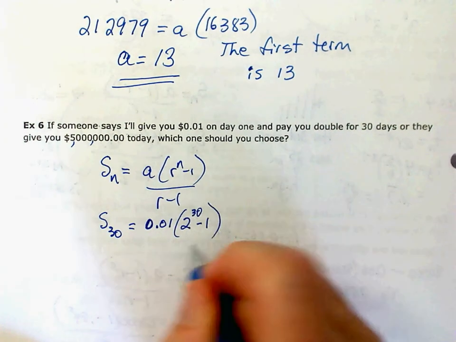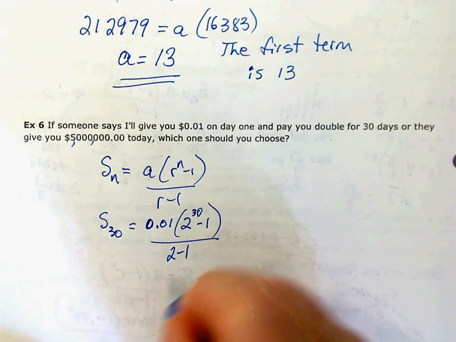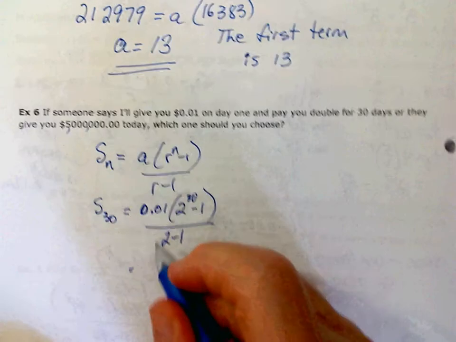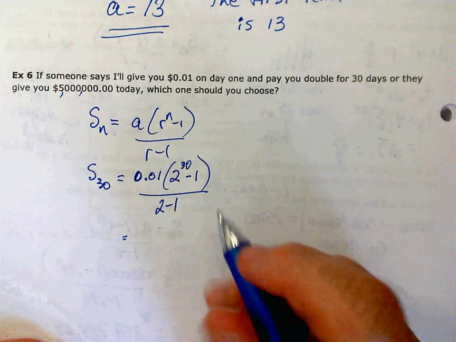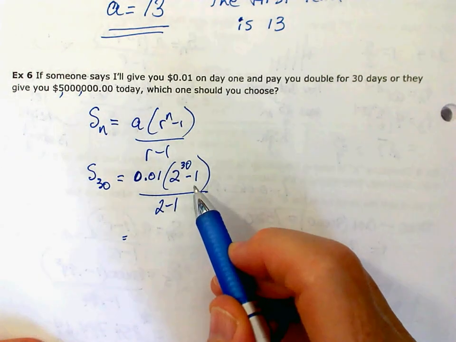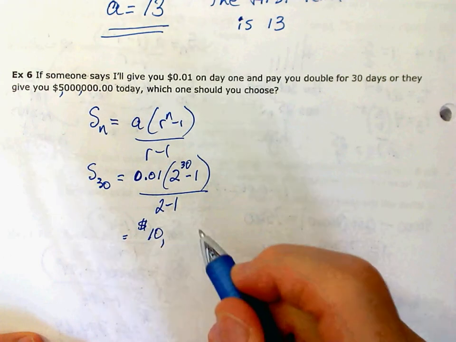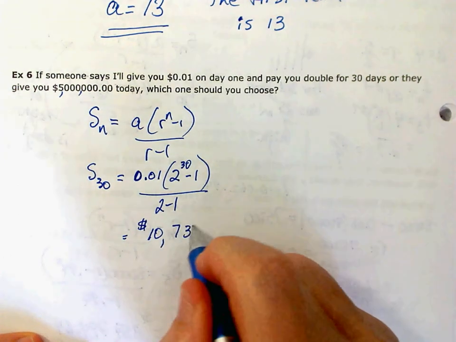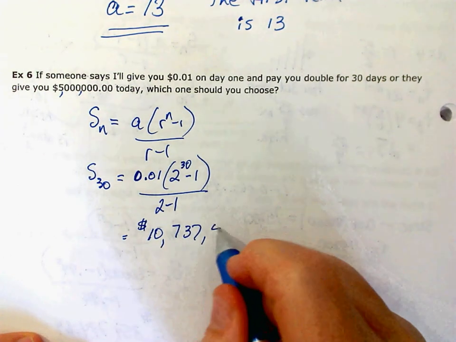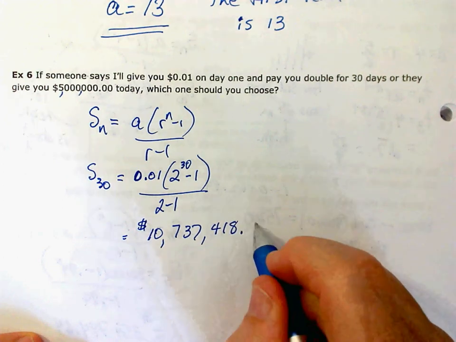And you will get, guess what this works out to be? 2 to the exponent 30 minus 1. Guess this works out to be 10,737,418.23. Can you imagine?